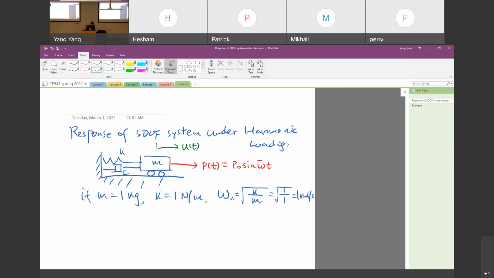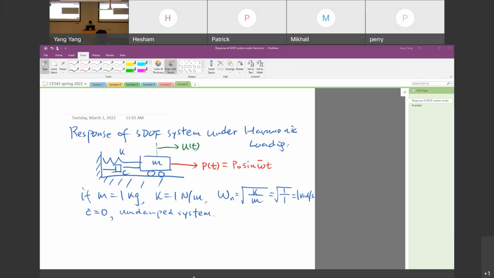Here we will assume C equal to 0, so it's an undamped system. Basically, the response of the system, u(t), is a function of the natural frequency and the frequency of the force.